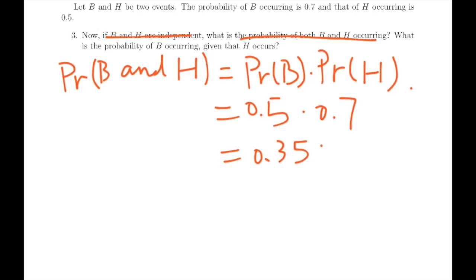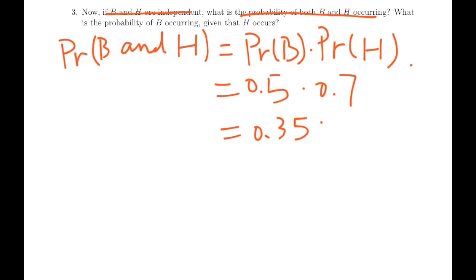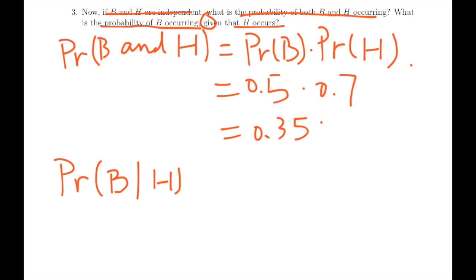All right, now again in this setting, we want to know the probability of B occurring given H occurring. So this is a conditional probability. We want to find the probability of B given that H occurs.